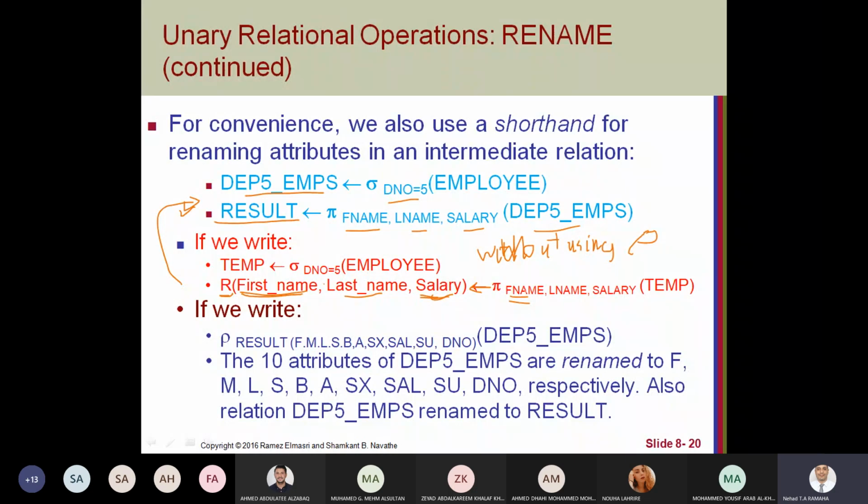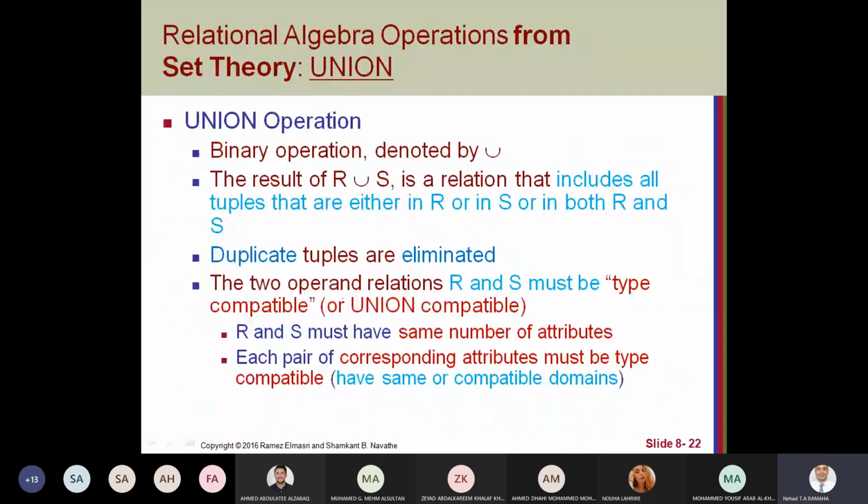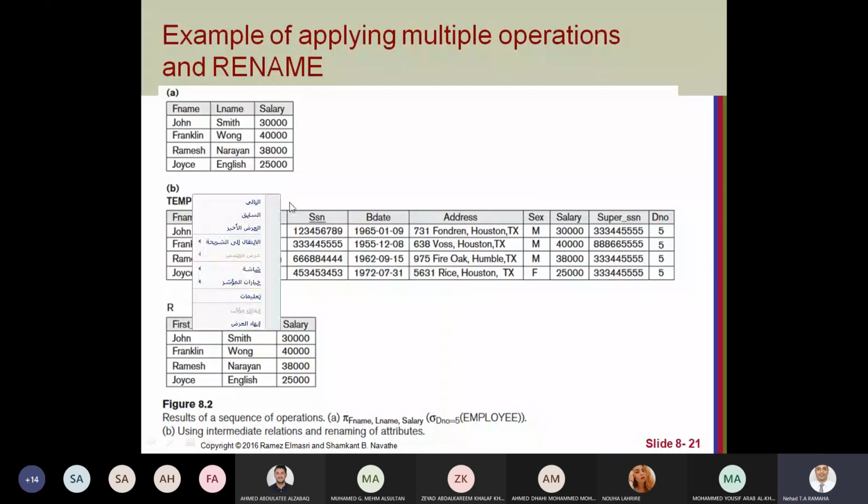Because we have three attributes here, we give three names here. So the output here and here will be similar. The only difference is that the attribute names will be different.